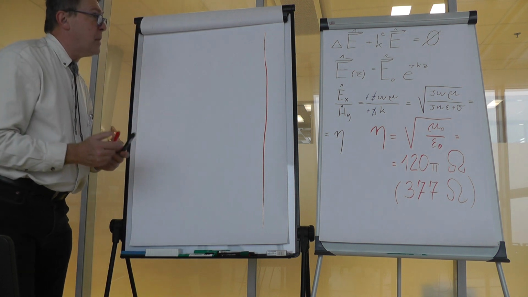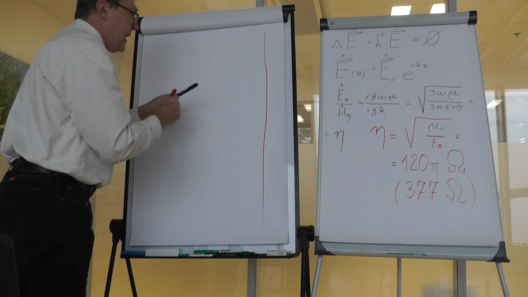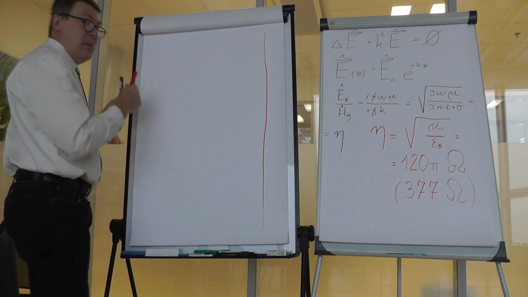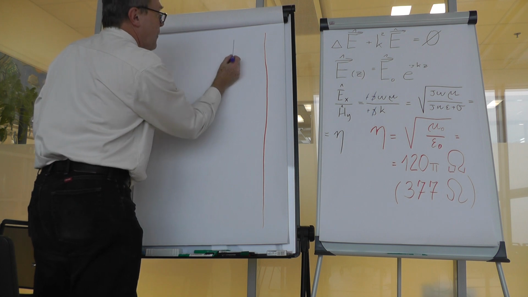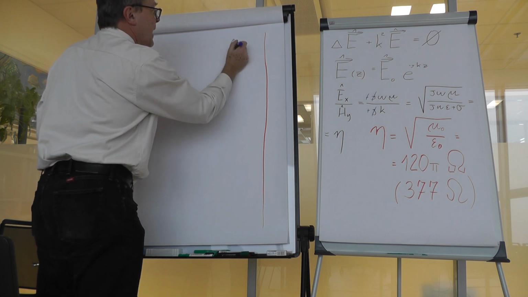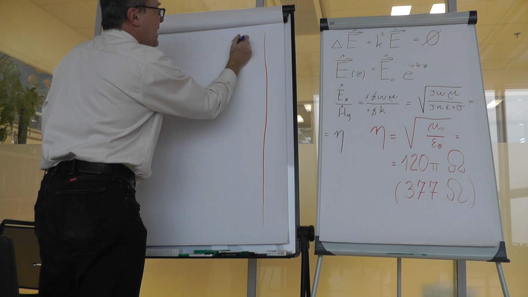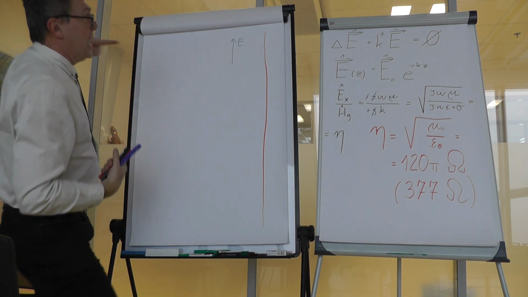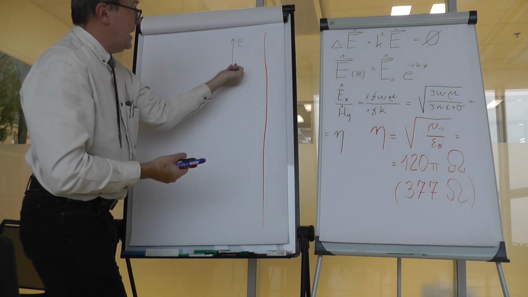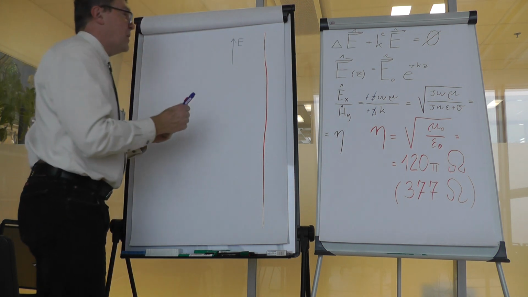So we can watch it in two specific views. The first view would be that one in which the electric field of the incoming wave would be oriented in this direction. So we would have a wave with the electric field pointing in this direction. Now that would mean, if the wave propagates that way, that the magnetic field must point out of the screen.